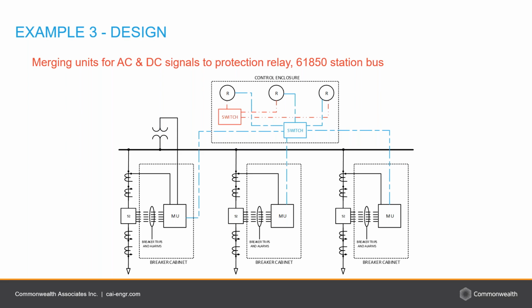So in this particular case, all of that information is going into the merging unit, and the merging unit is using that sampled values protocol to share that information out on the network with either the relay, like breaker control relay. You could share CT information for bus relays this way because it's all networked together.